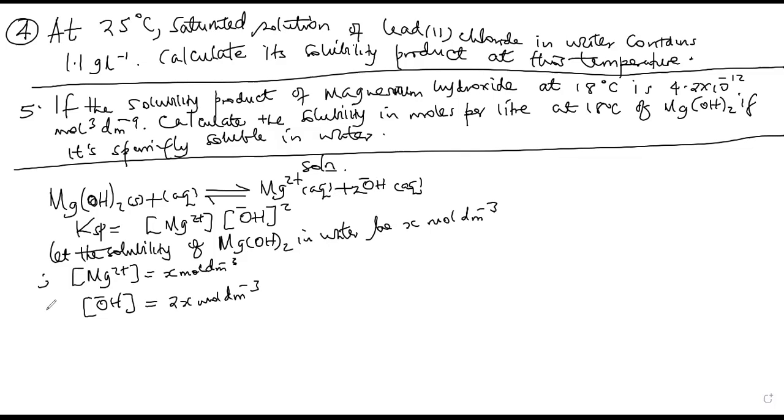So in substituting, we have Ksp is that. So we substitute the value: 4.2 exponent negative 12 is equal to the concentration of magnesium, which is X, times the concentration of hydroxide, 2X squared. So 4.2 is equal to 4X cubed.